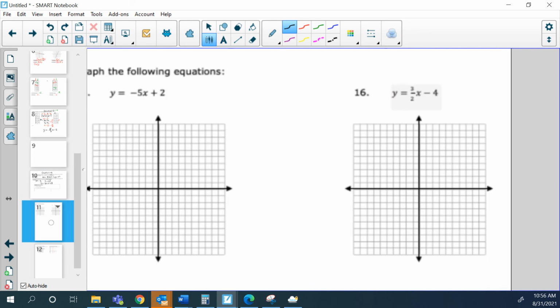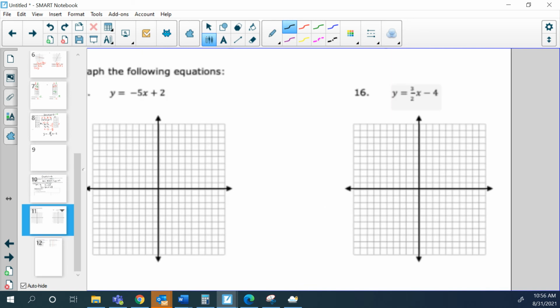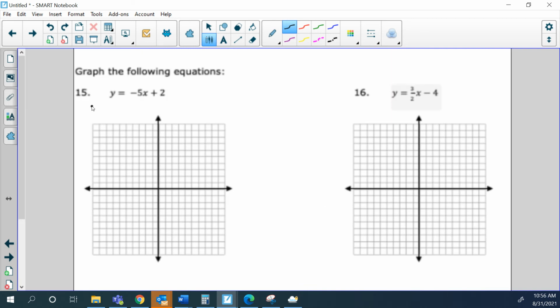So let's look at the equation, all right? Okay, how do we graph this? Again, we're going to start with our y-intercept, 2. So I'm going to start with 2 right there. My slope is negative 5. I'm going to make this negative 5 over 1. So this is going to be my rise. That's going to be my run.